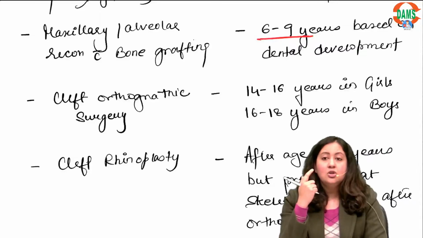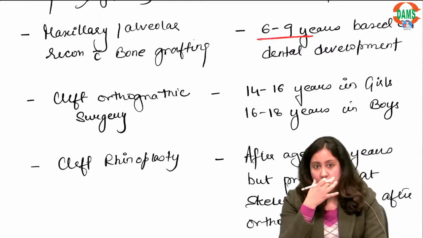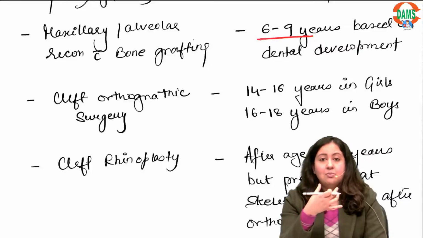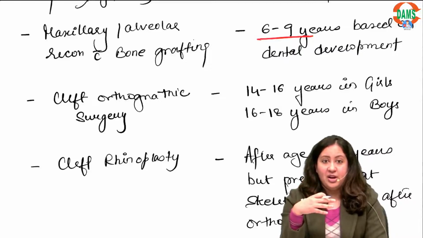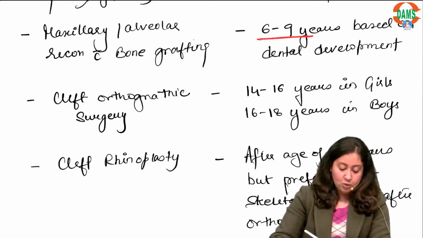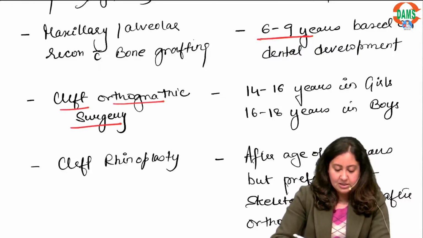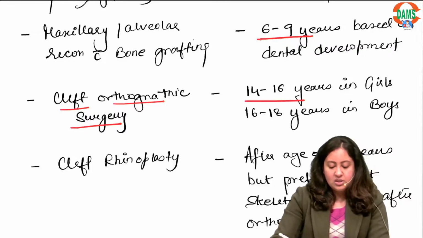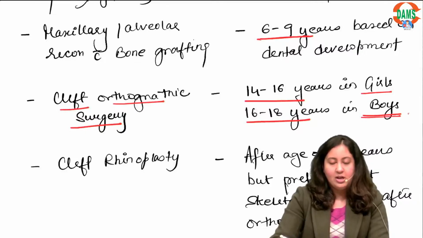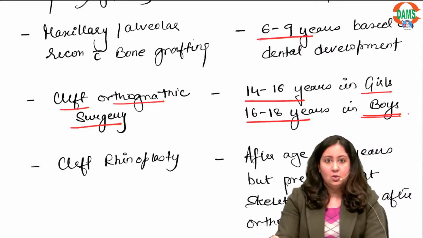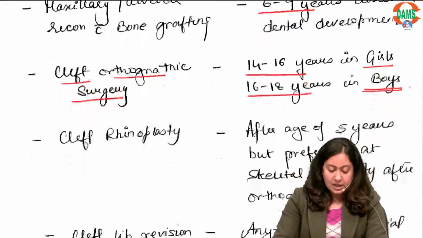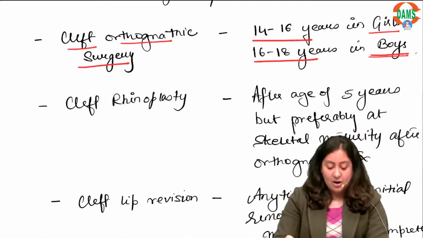All right, so they will require orthognathic surgery, they will require maxillary advancement, maybe sometimes mandibular setback, to give them a good profile, so cleft orthognathic surgery is done at 14 to 16 years for girls and 16 to 18 years for boys.